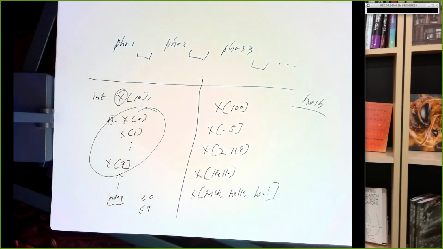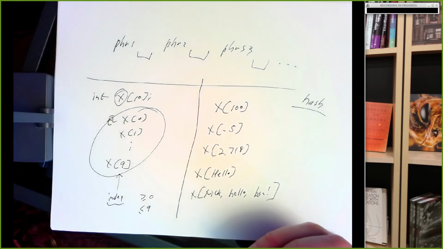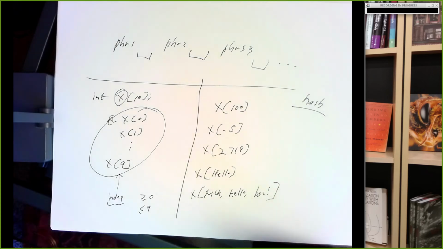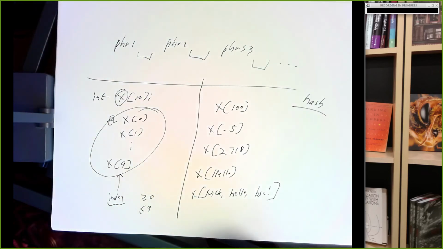If I wanted to store a bunch of test scores associated with each student, I could have an array indexed by each student's name. I could have scores bracket Nick, scores bracket Izad, scores bracket Carol, and in that element of the array I could store the score they got on their test. And now if I want to know what Izad's score was, it's just scores bracket Izad.